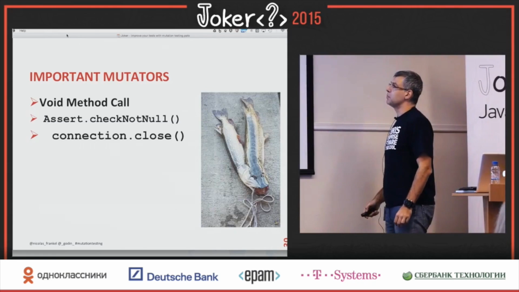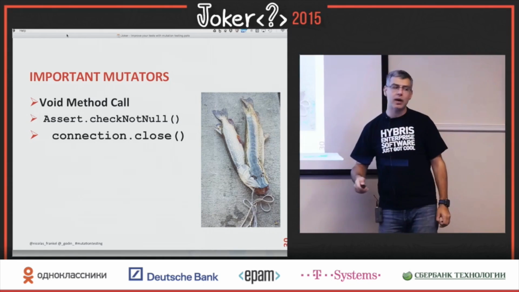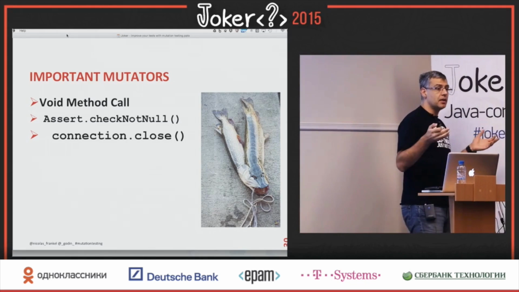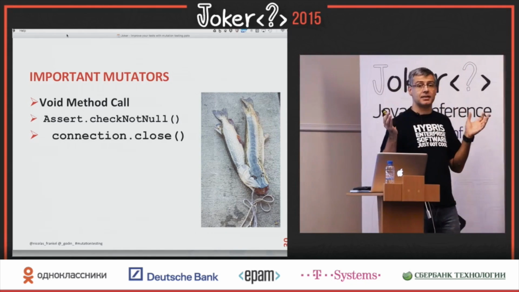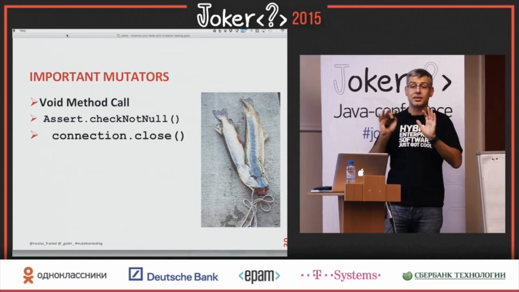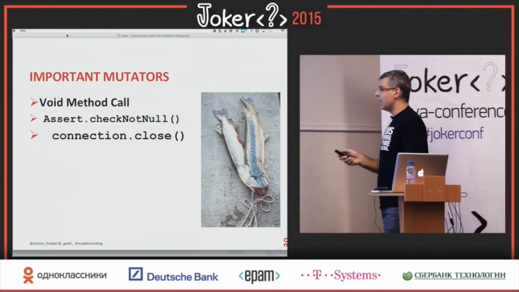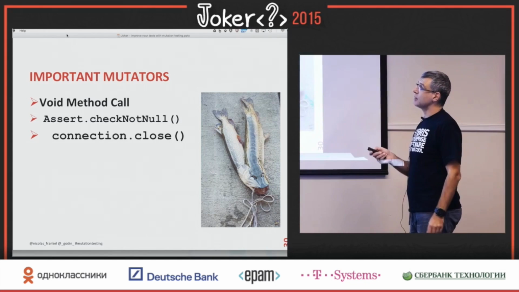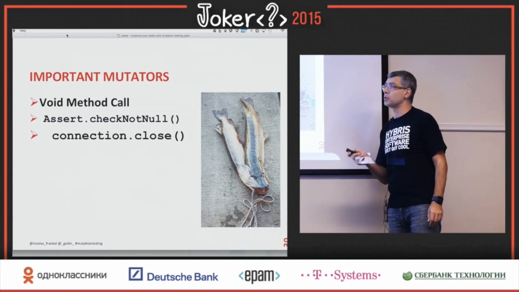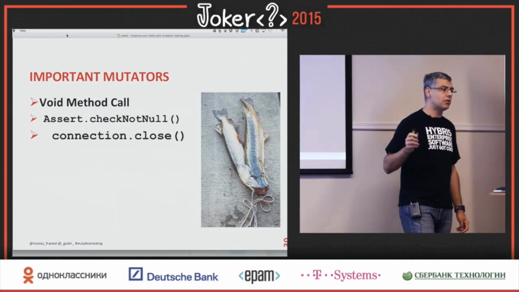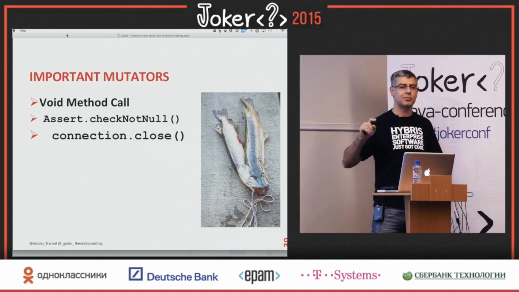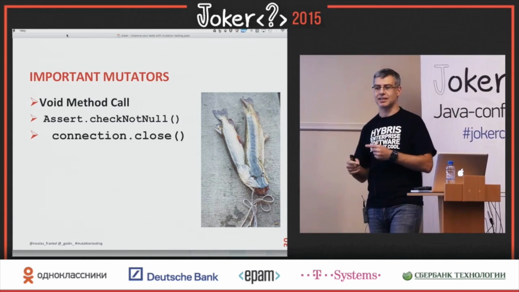The second important mutator is when you have void method calls. Void method calls probably create just side effects. They don't return values, so those are just about side effects. Probably you want to check that a value is not null or that you close your connection. In general, this is not tested because it's hard to test. But it's not because it's hard to test that you shouldn't test it.